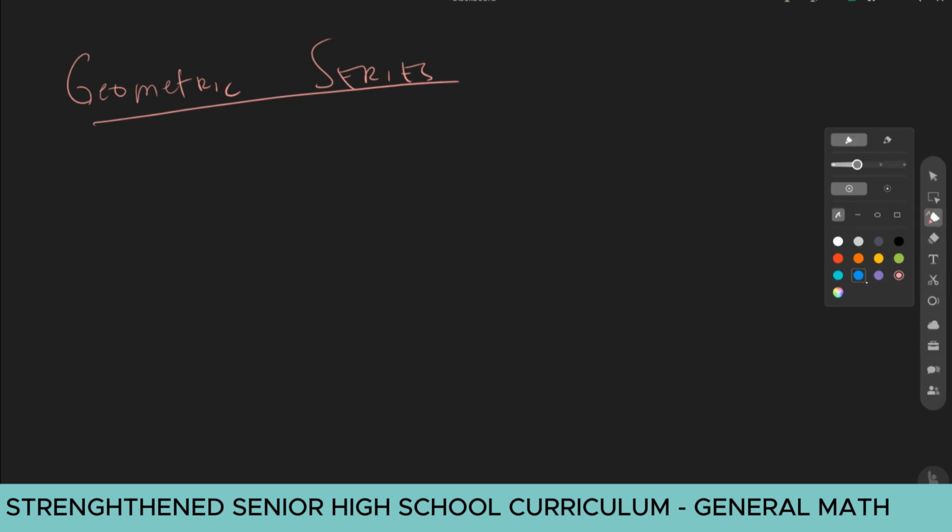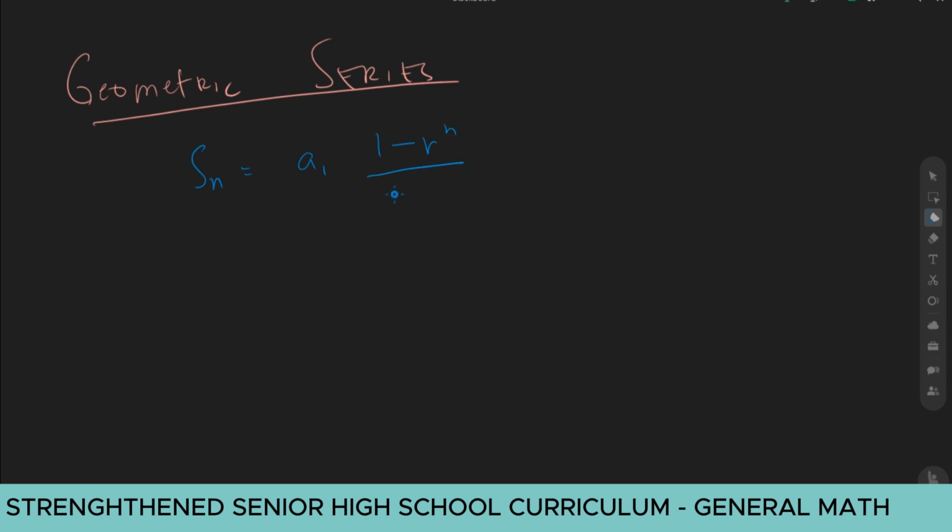Now let's have the geometric series. The formula for the geometric series is S sub n is equal to the first term times 1 minus r raised to the power of the number of terms, all over 1 minus r.